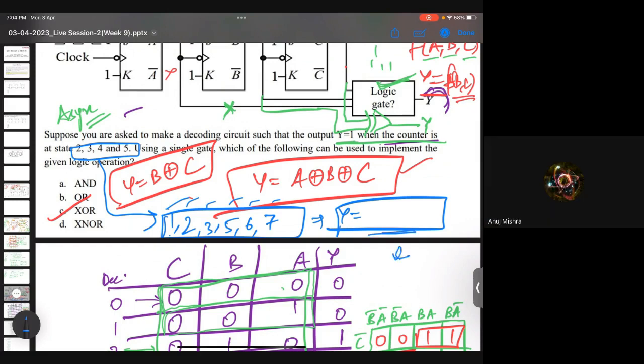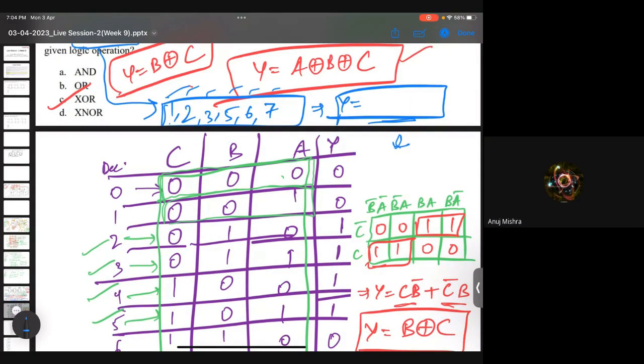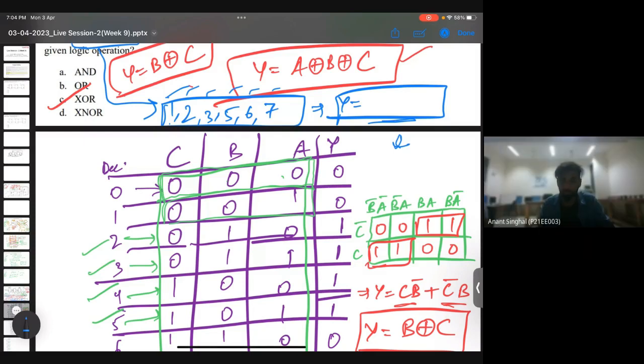So here we have made the K map. There is eight, so we will make a K map with eight digits. Yes, exactly, 8.